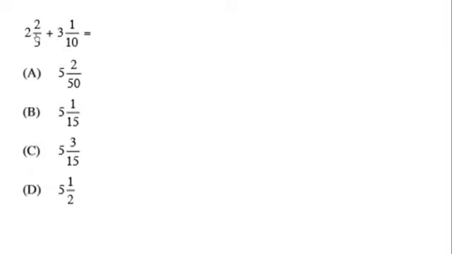Now we want to simplify this: 2 whole number 2/5 plus 3 whole number 1 over 10. So first of all, let's add the integer parts.